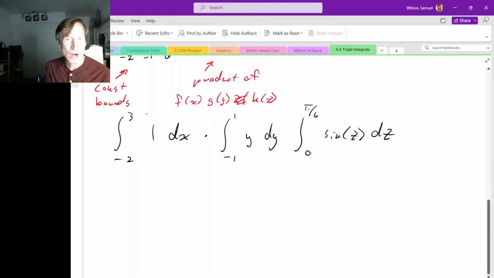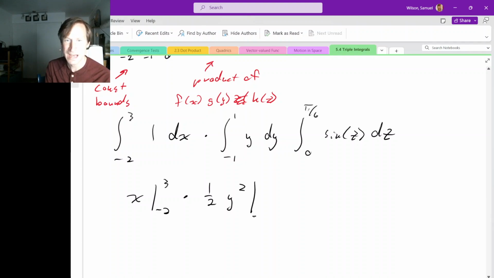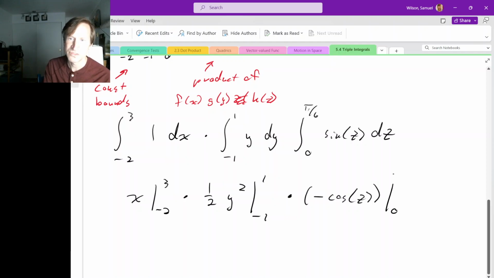Okay, so our x integral of 1 with respect to x is just x from -2 to 3, times the integral of y with respect to y, which is 1/2 y squared from -1 to 1, times the integral of sine of z, which is negative cosine of z, from 0 to pi over 6.